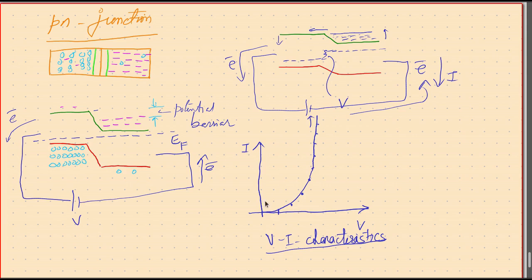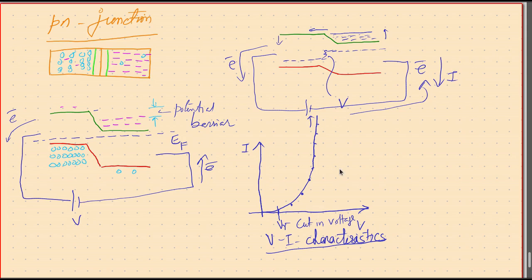junction look like this. So in the first part, here no current is flowing, so the current starts flowing at this point, which we call the cut-in voltage. At cut-in voltage, till then no current will be flowing.